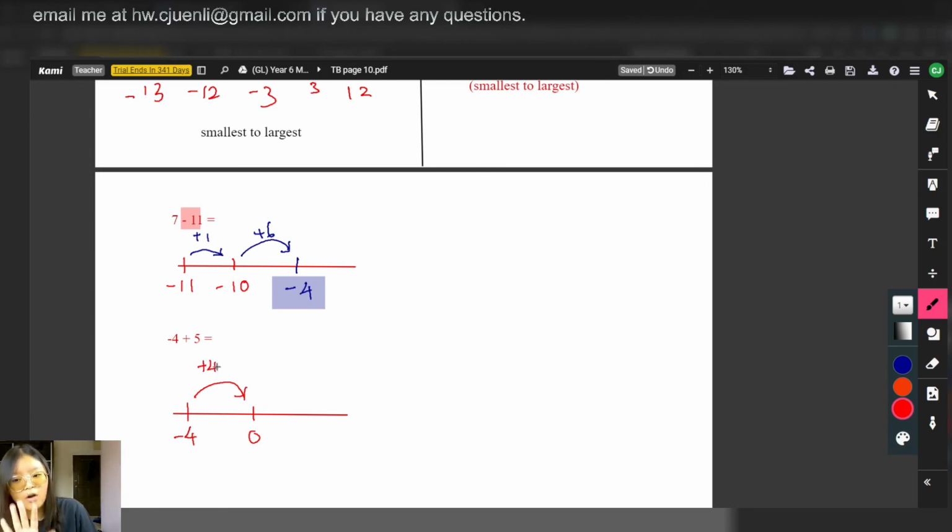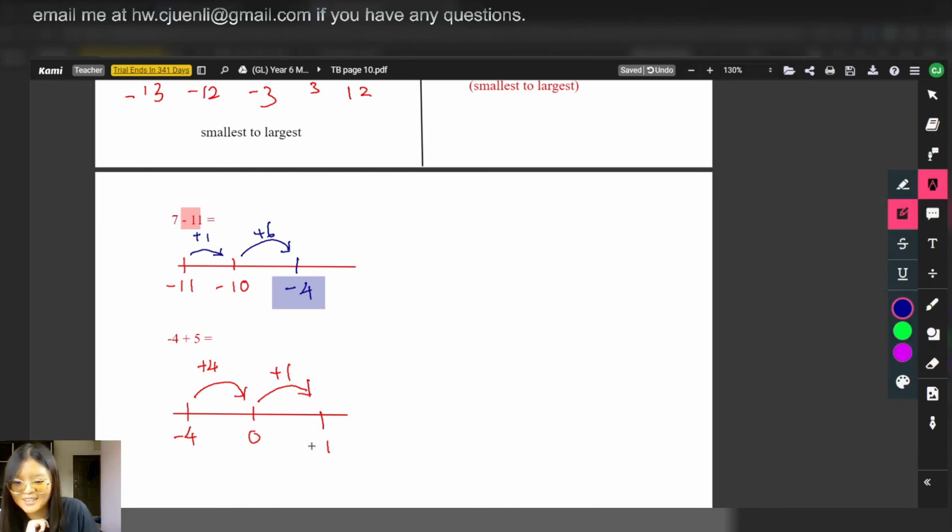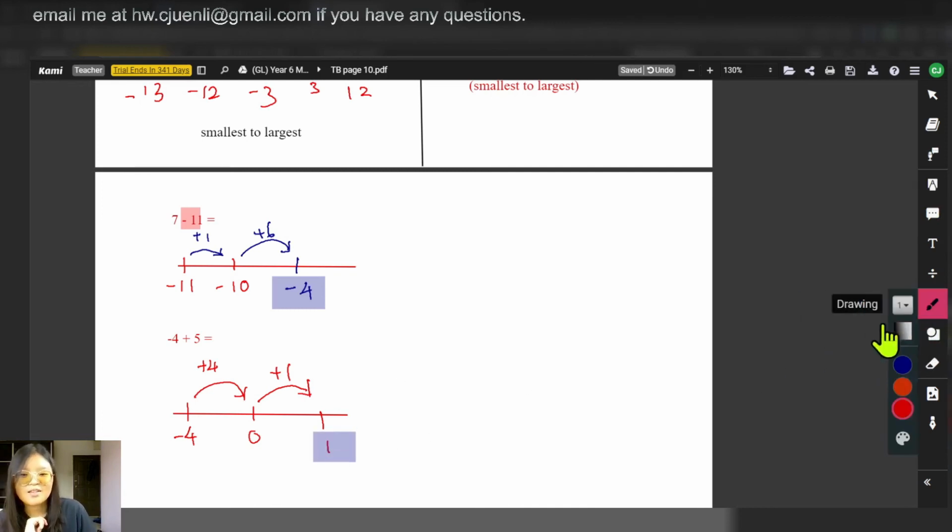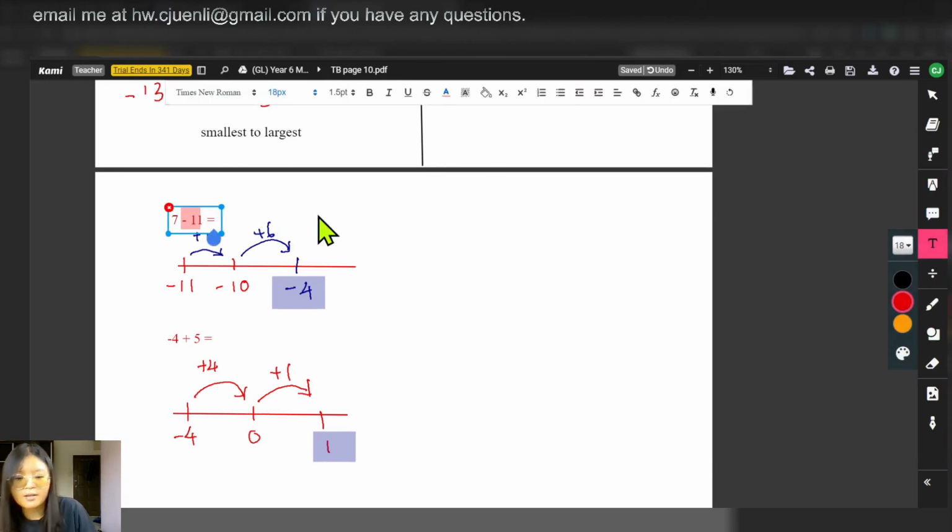So we have 4 plus 1, we get 5, so that we can use up this 5 over here, right? So let us plus another 1 and we get 1 as our answer. Yay! So it's pretty simple, not that hard. This one would be negative 4, this one would be 1.